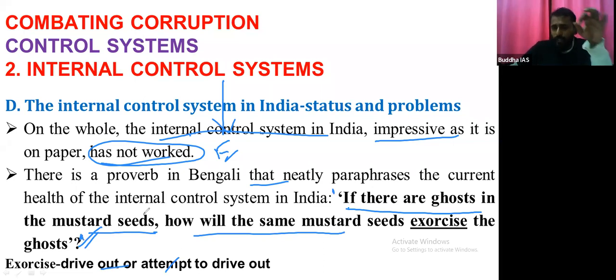If there are ghosts in the mustard seed, like you cannot imagine ghosts in a groundnut seed or even any rice, if the ghost is present in the seed itself, how will the mustard seed drive this ghost away? So what is the inner meaning you are getting here?